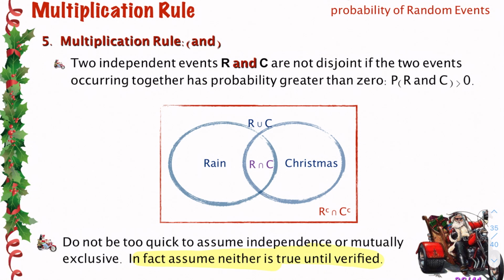So we can't just assume two things are independent and multiply them. We can't just assume that two things are mutually exclusive and just add them. There may be some overlap that we need to take into account. So I'm going to say this one more time. Two independent events are not disjoint, meaning there's some overlap, if the two events occurring together has a probability greater than 0.